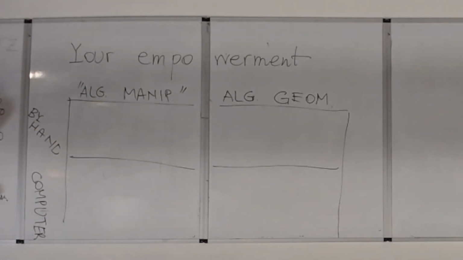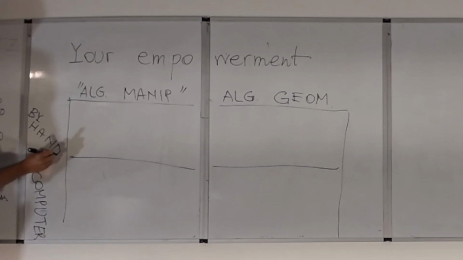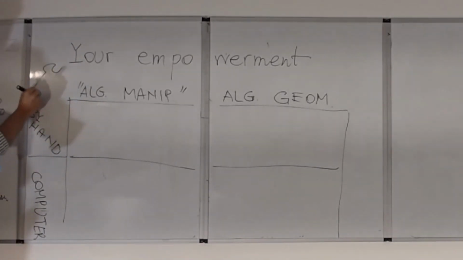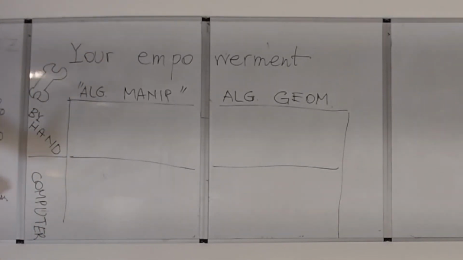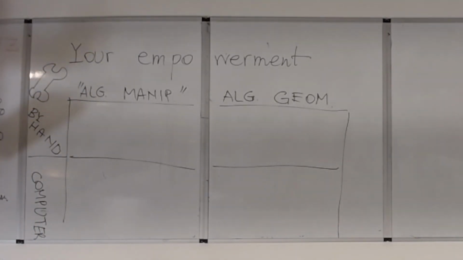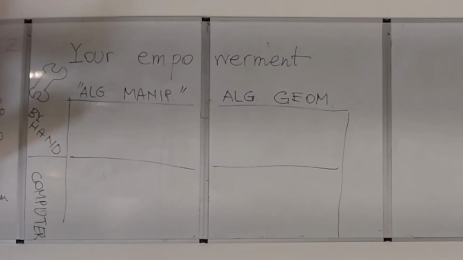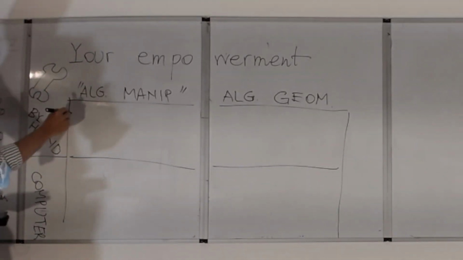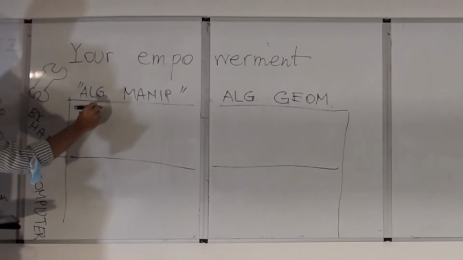Is it readable? Yes. Okay. Somehow I want to make a map of tools that you have available to compute Hurwitz numbers. So for example, here, we can use combinatorics to compute Hurwitz numbers.